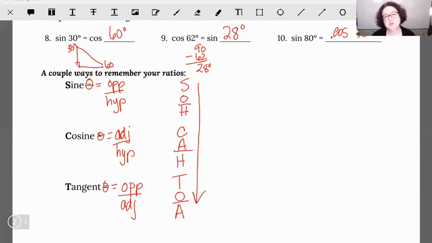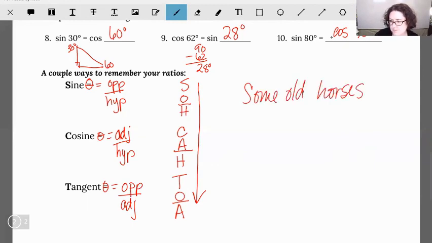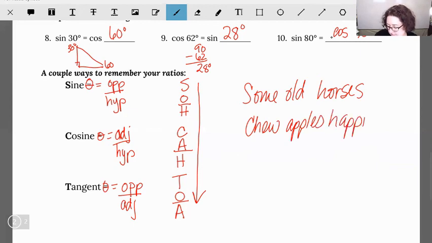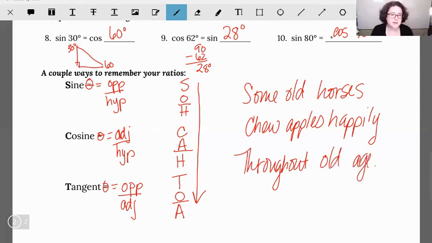So the one I'm going to suggest you write down is "some old horses chew apples happily throughout old age." It's the same sort of thing. Feel free to come up with your own rhyme, but it's still using the first letter from each of the words in writing out that ratio, and perhaps that will help you remember what those ratios are.